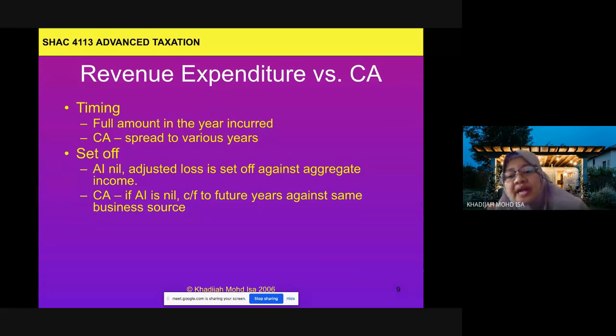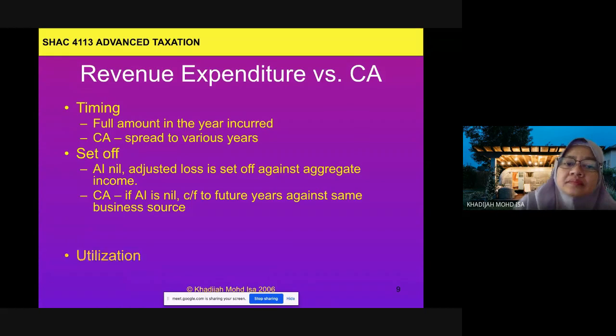So you're going to carry forward your capital allowance to the future years. In those future years, whatever CA is available can only be set off against the same business source. So you must make sure that in the future years, in order to utilize your capital allowance, you have sufficient adjusted income.